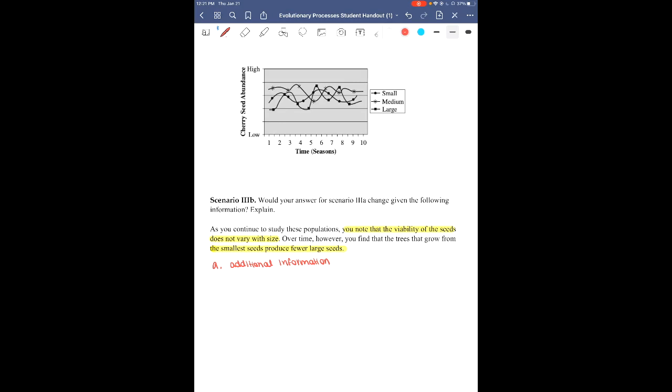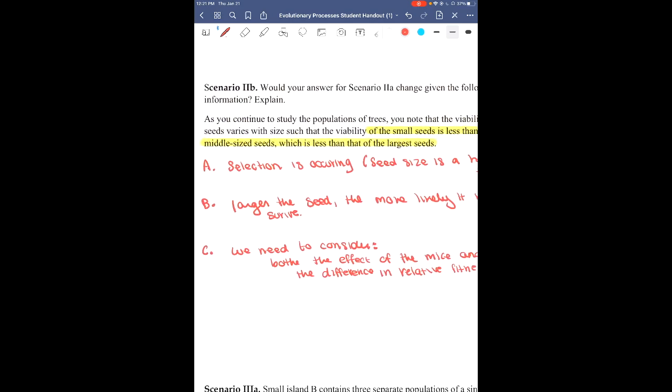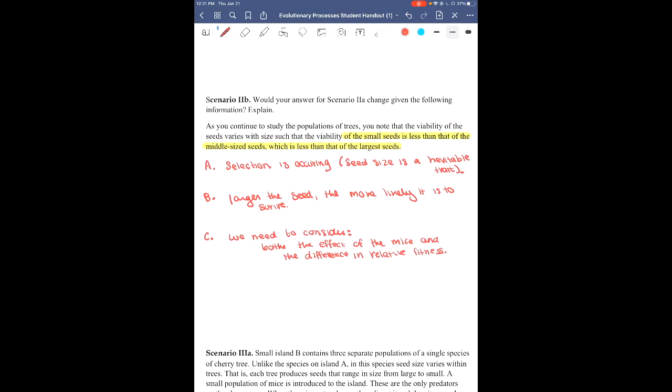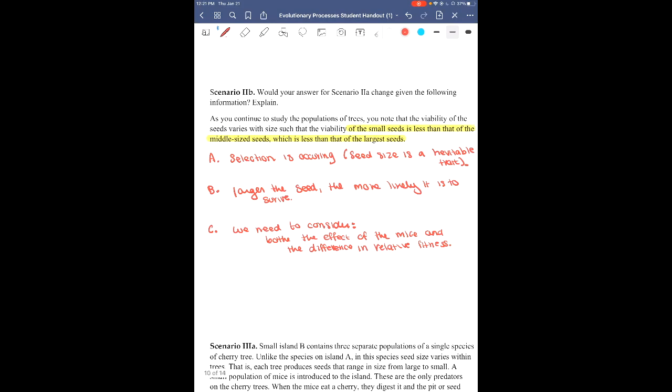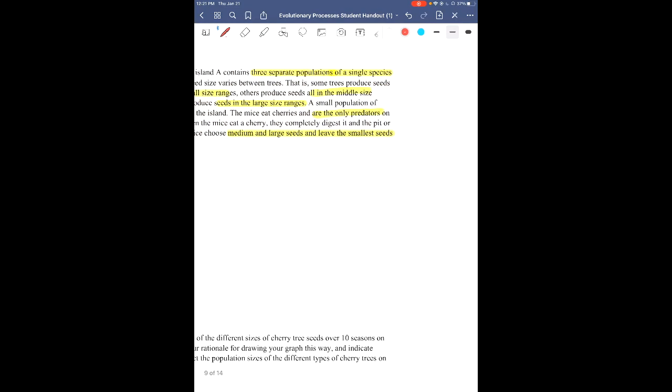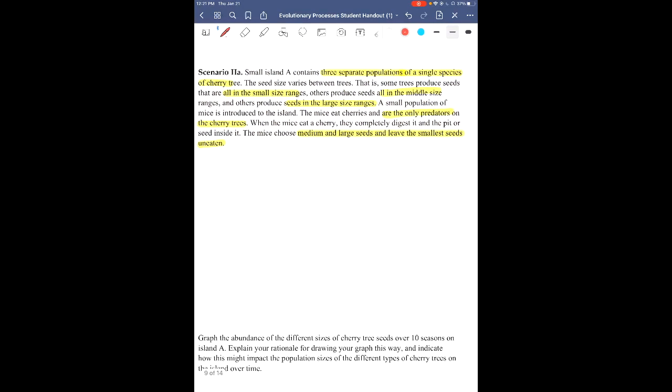Can we read the third cherry tree question again so we can see why the graph changed? Yes. Okay, so this is a continuation problem. So in the last scenario, this is what we're given. We're given that a small island contains three separate populations of a single species of cherry tree, but the seed size varies between the trees.